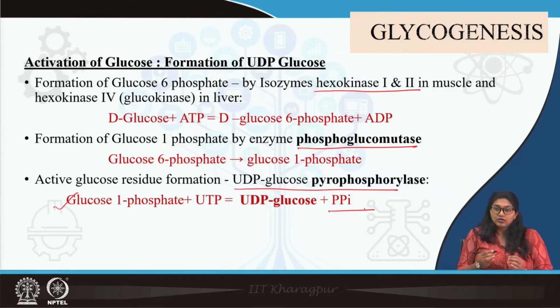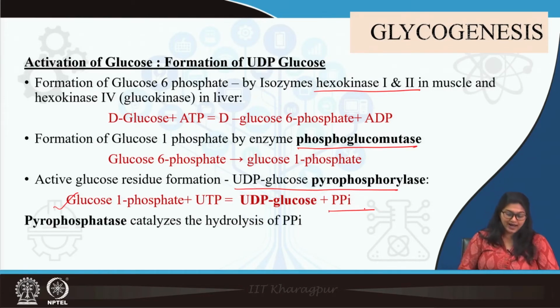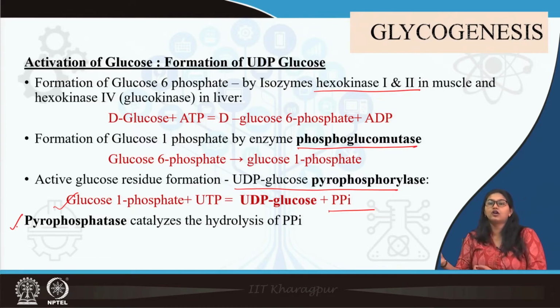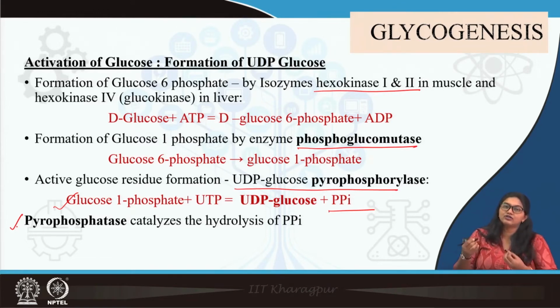Now, to continue the reaction in a forward direction, this pyrophosphate is hydrolyzed by pyrophosphatase with release of energy. So, this is an example of an exergonic reaction, and it keeps the metabolic flow towards formation of active glucose, this means towards glycogen synthesis.